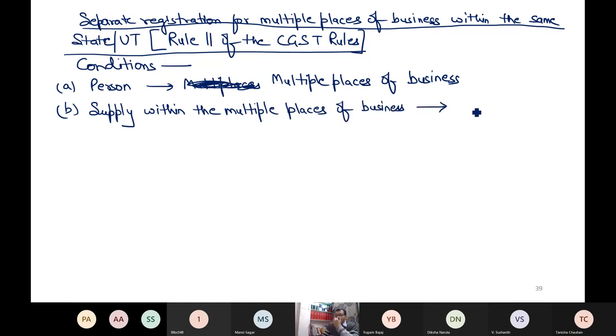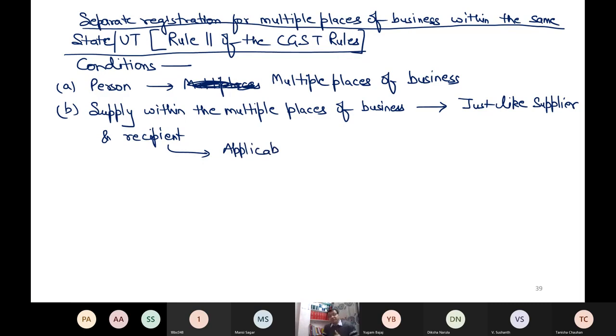just like supplier and recipient. What is the effect of this? Whatever is the applicable GST rate, that has to be paid by the supplier.